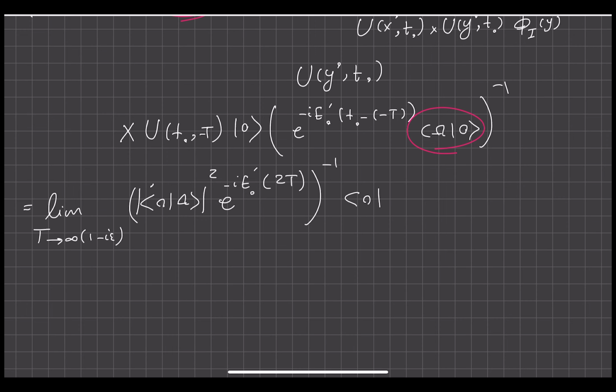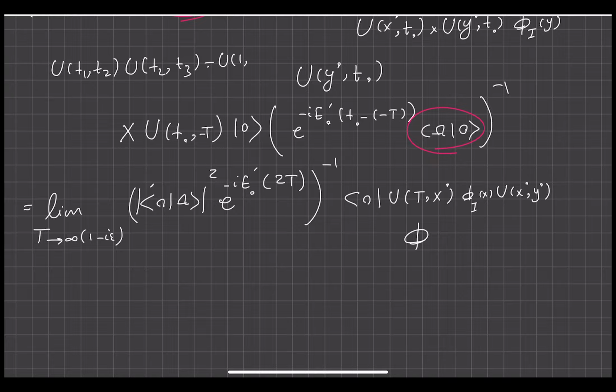And then you have this state 0, U of t to x0, phi I of x, then U of x0 to y0, because they have this property that U of t1 t2 times U of t2 t3 is going to be U of t1 and t3, right?